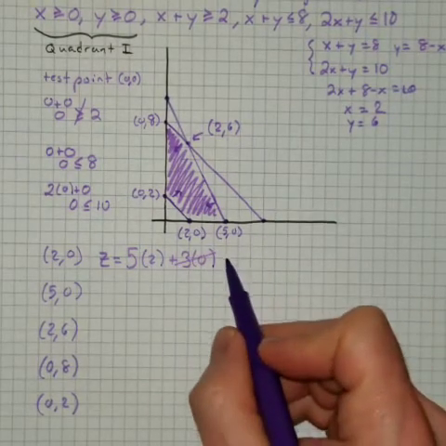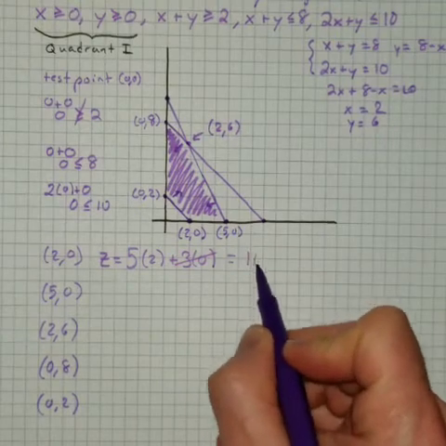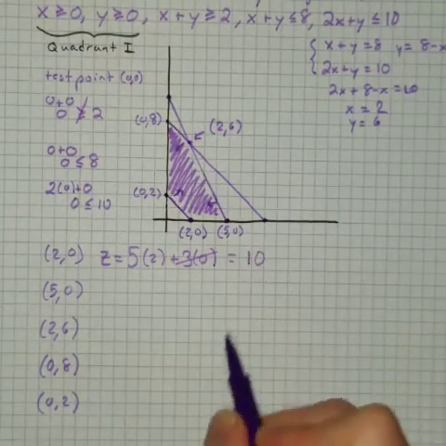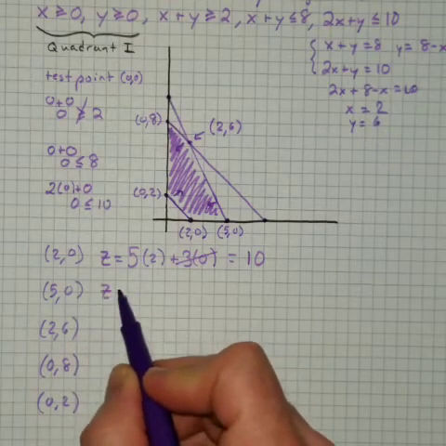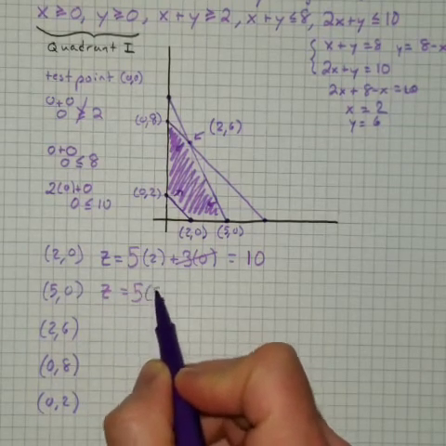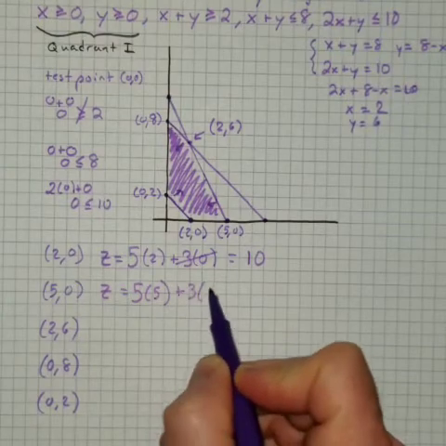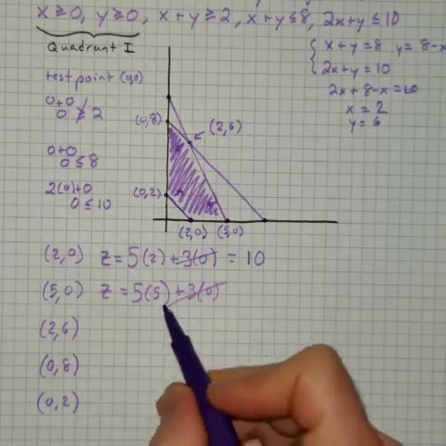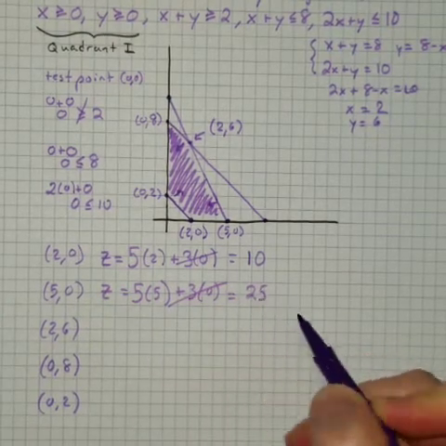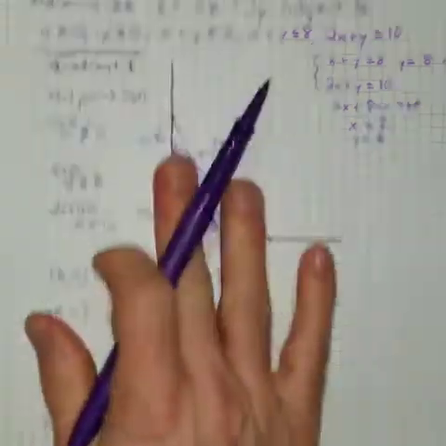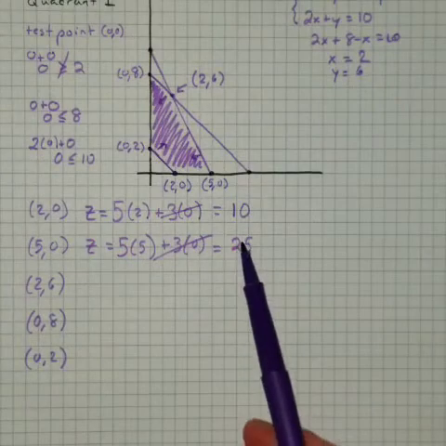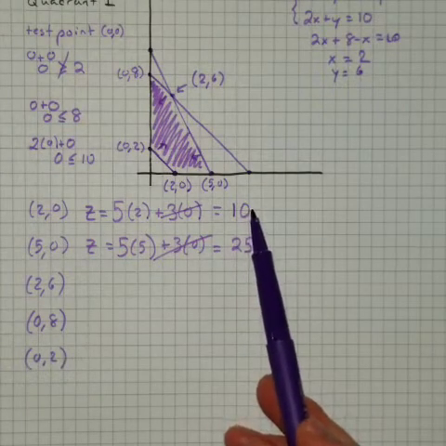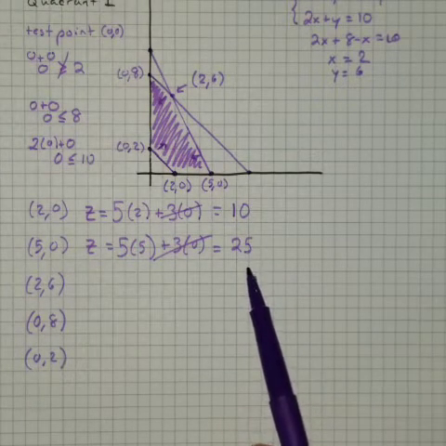That 0 drops that off, you get 10. Alright, we're just going to keep that in mind and compare it at the end. 5, 0. So let's do z equals 5 times 5 plus 3 times 0. That term's gone. 5 times 5 is 25. Now since we're maximizing, we want the largest value. I can already discount the first one because the second one is bigger.